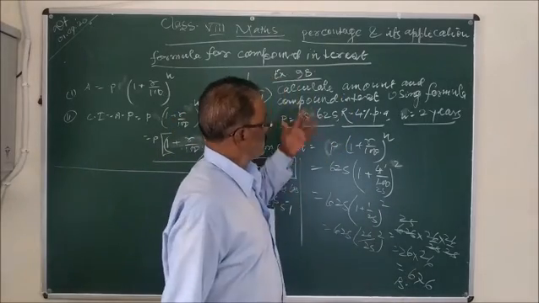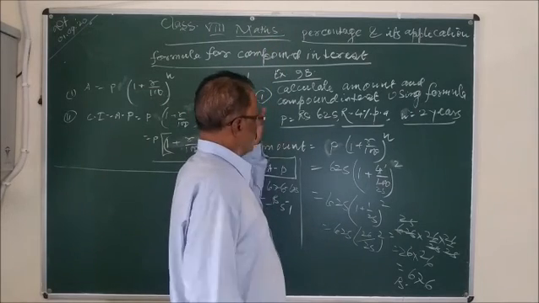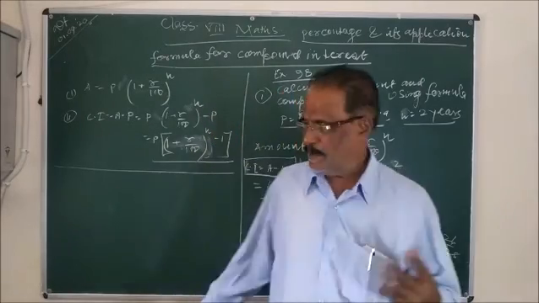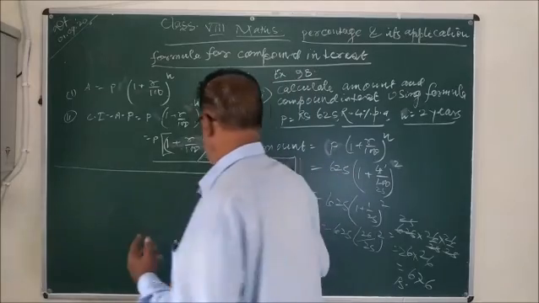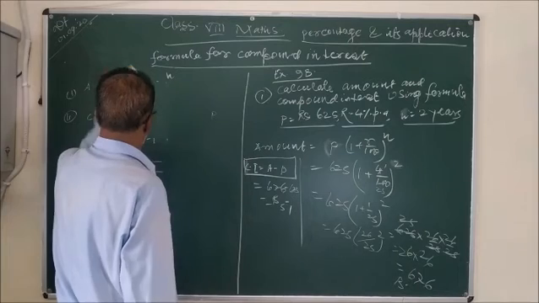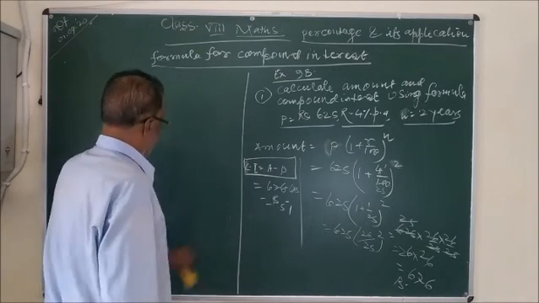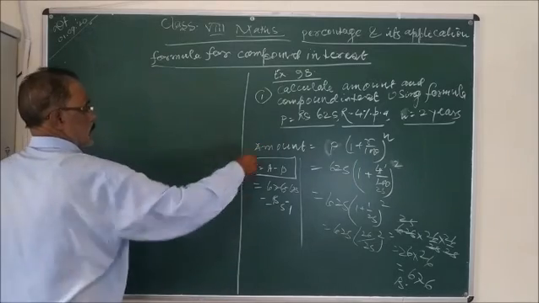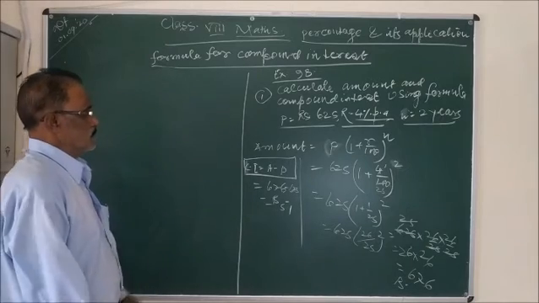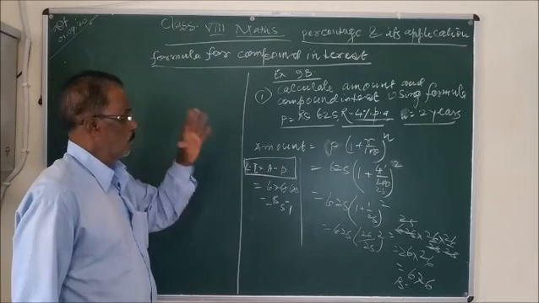And in the previous exercise, 9A, you solved compound interest by using the unitary method. For your knowledge, you can find compound interest by the unitary method too, but you have to understand both methods. 4% means the compound interest for 1 year is ₹4.